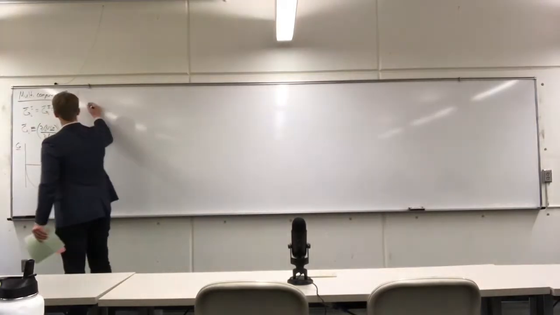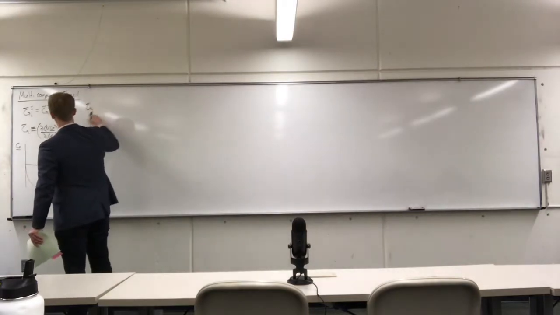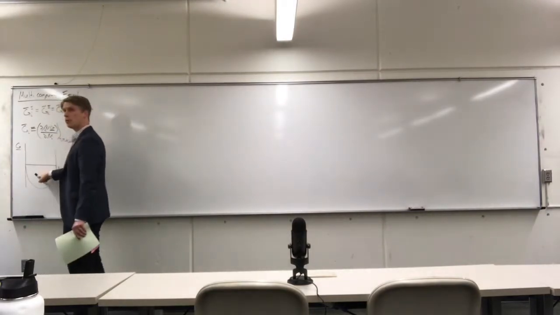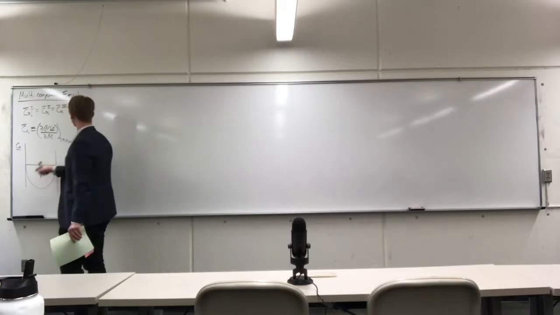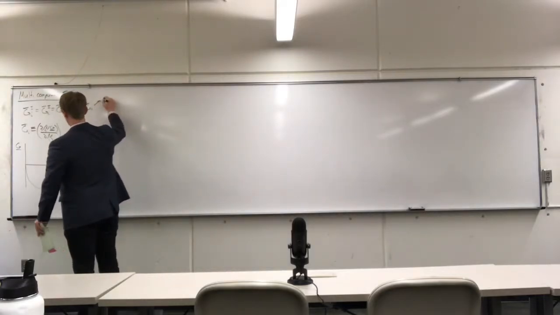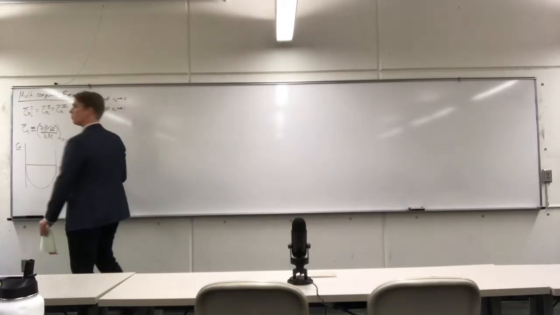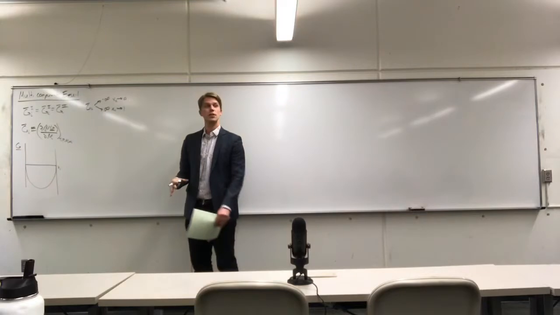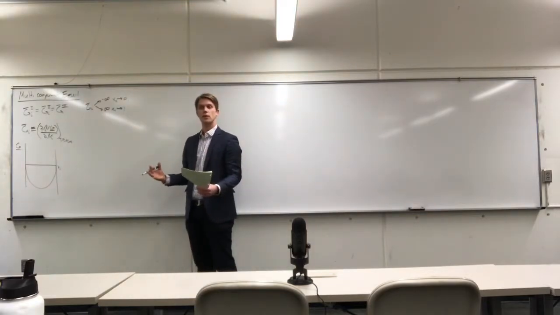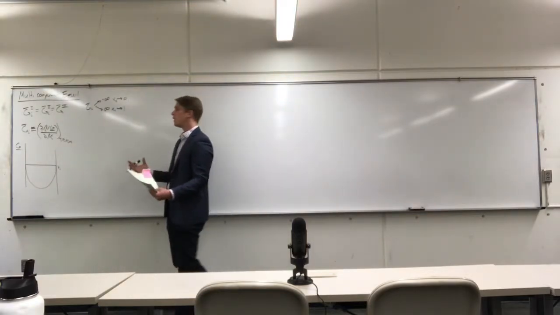The difficulty here is that the partial Gibbs, which is related to the slope of this curve, goes to either negative infinity as x of 1 goes to 0, or positive infinity as x of 1 goes to 1. This is even in the simplest ideal scenario, so even for an ideal gas.